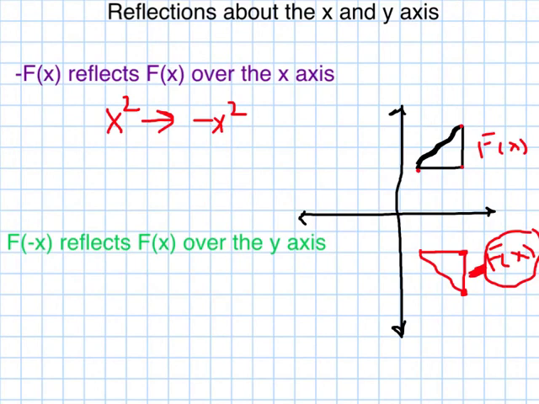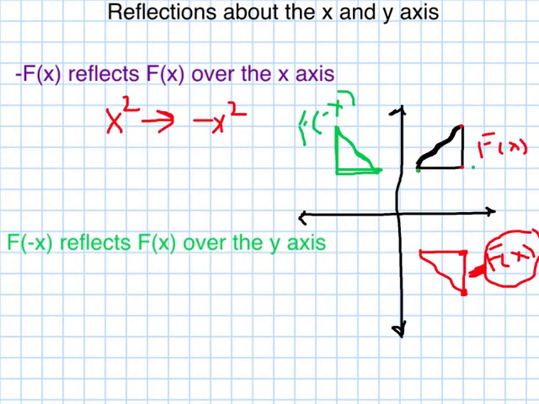So to find f of negative x, we will take this and reflect over the y-axis. Like that. So on this left graph right here, that is a reflection over the y-axis, which means we're changing the x values.